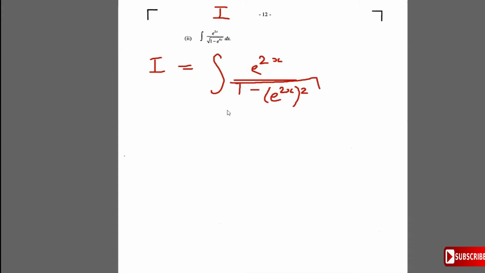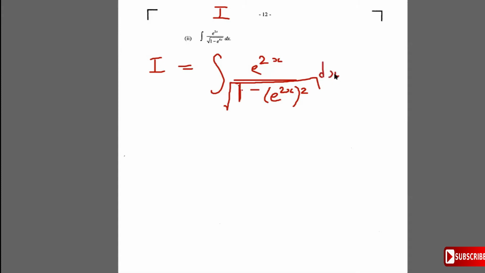So to do this integral, again, I like to call it I. I just like to call my integrals I. So I is equal to the integral of e to the 2x over the square root of 1 minus, instead of saying e to the 4x, I write it as 1 minus e to the 2x all squared, dx.